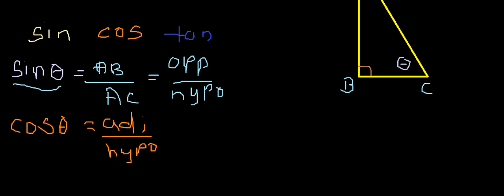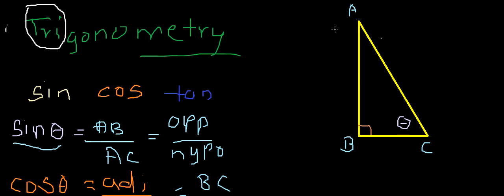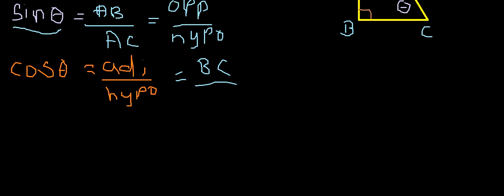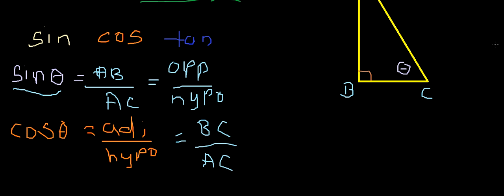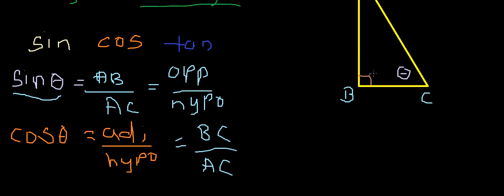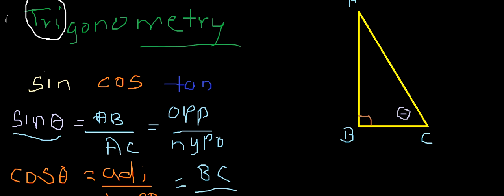So cos theta will be equal to BC upon AC. Now you may have a doubt about why I took only BC as the adjacent side and not AC.